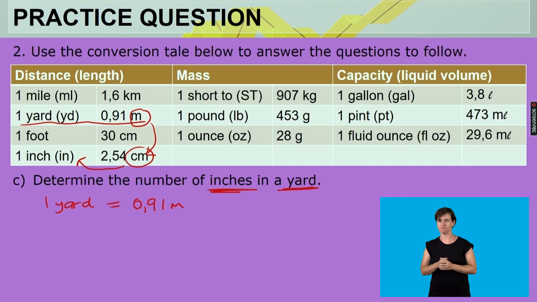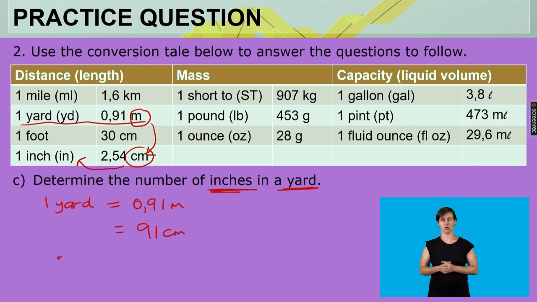So looking at this now, I can then say 0.91 meter. I'm going to convert that to centimeters. How many centimeters in a meter? I agree, that will give us 100. That will give us then, if I do that correctly, 0.91 times 100, that will give us 91 centimeters. So what will happen now? I'm at centimeters and I'm going to convert from centimeters to inches.